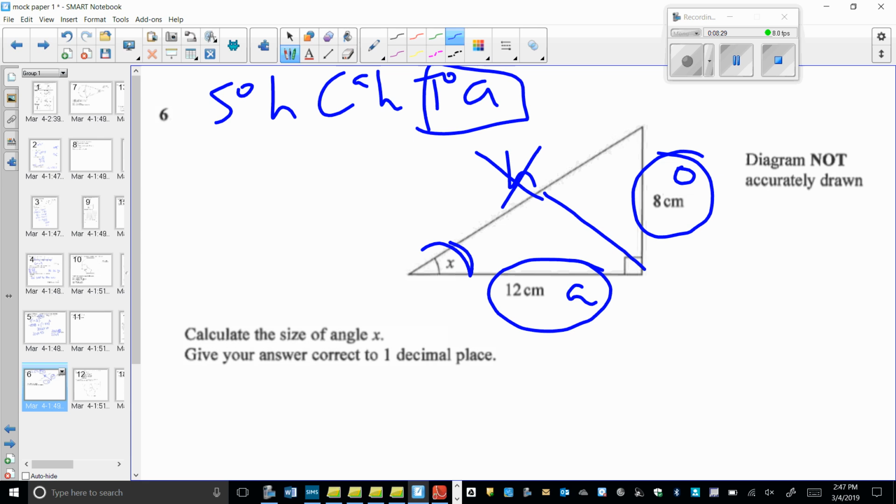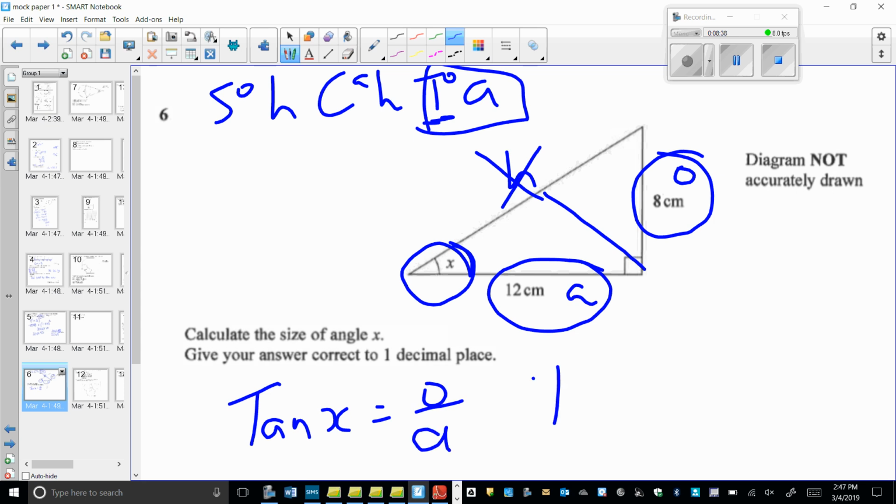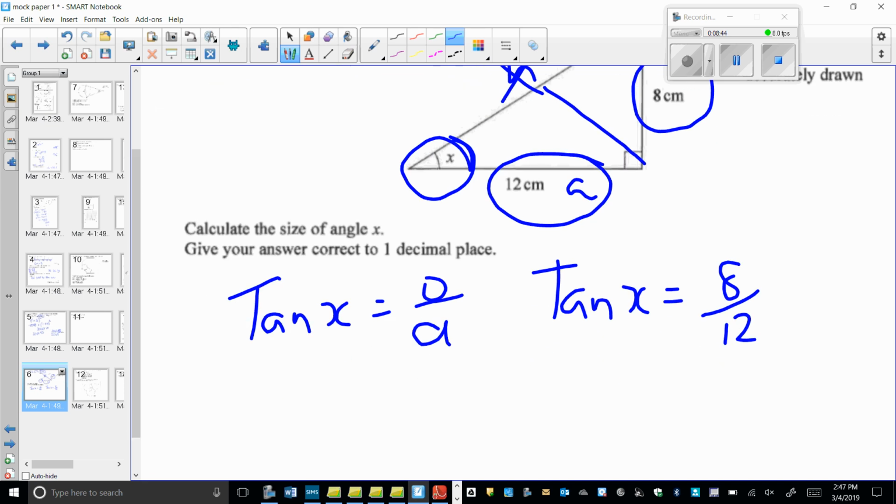And we're trying to find the angle, so that means we cover up the T, and that gives us O over A. So tan X is opposite over adjacent. Tan X is 8 over 12. So X is, how do we undo tan? That's tan minus 1.